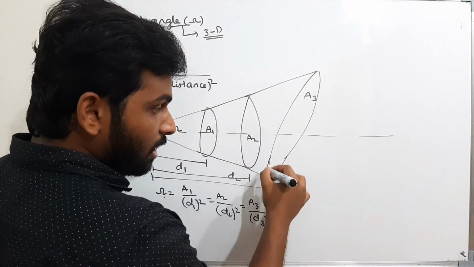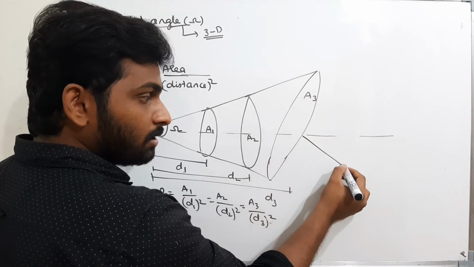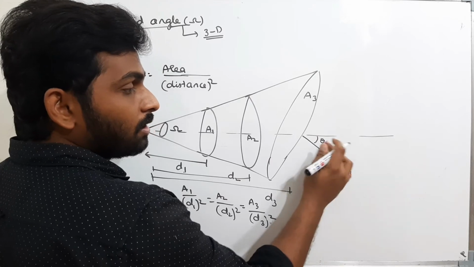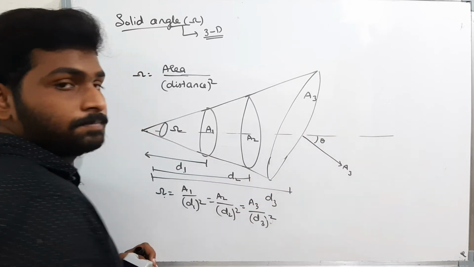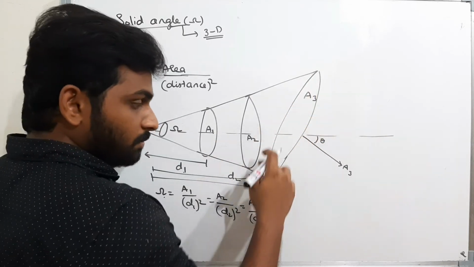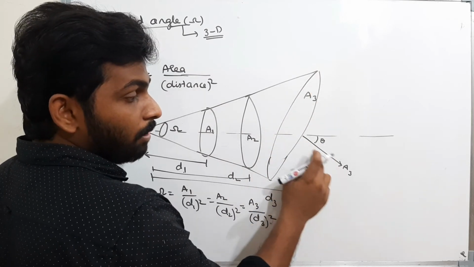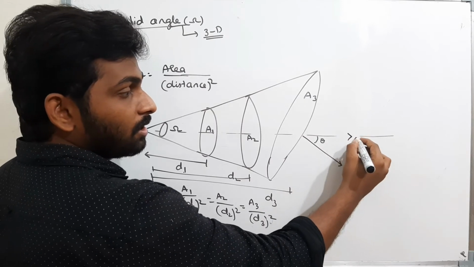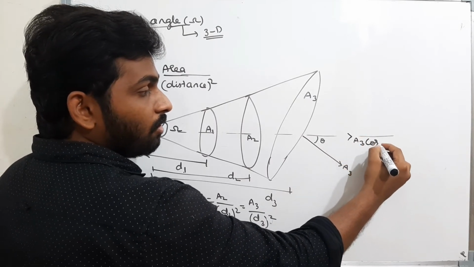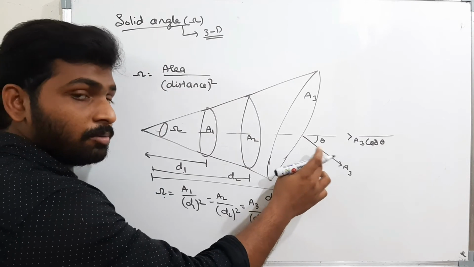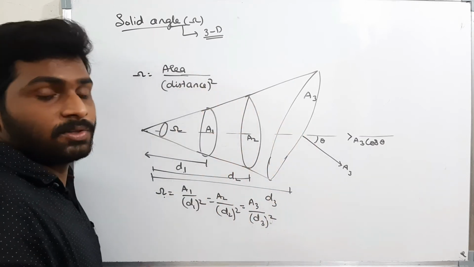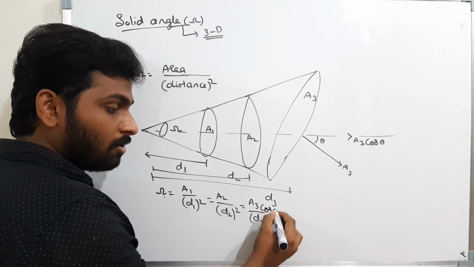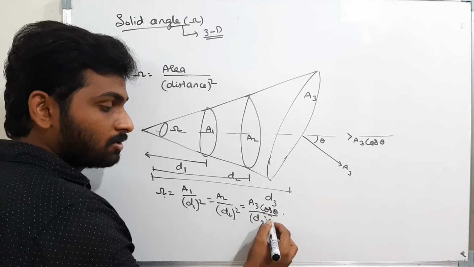This area is making some angle theta with the perpendicular line. Therefore, I should take the area in this direction. That means it is A3 cos theta. We will study about these angles in the vectors chapter. No need to worry. Just remember it is A3 cos theta by D3 square.